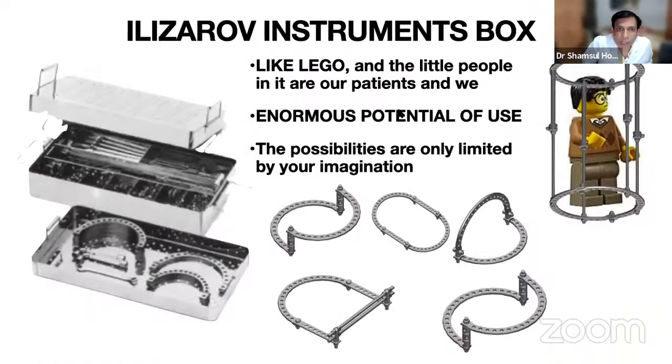So Ilizarov instrumentation is like a Lego, and the little people in it are our patients, and we have enormous potential of use. So the possibilities are only limited by your imagination. We can do an endless number of constructs and possibilities in all parts, upper limb, lower limb, everywhere, if you have a good sound knowledge of Ilizarov instrumentation.